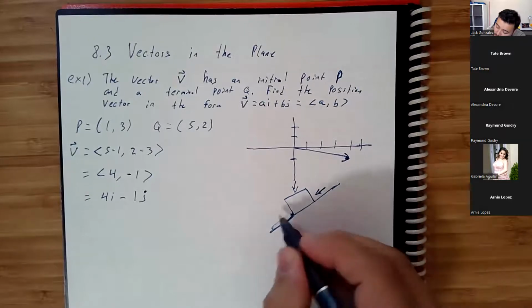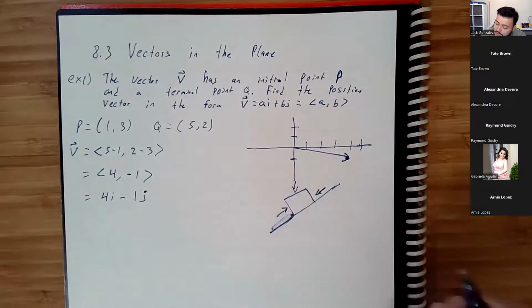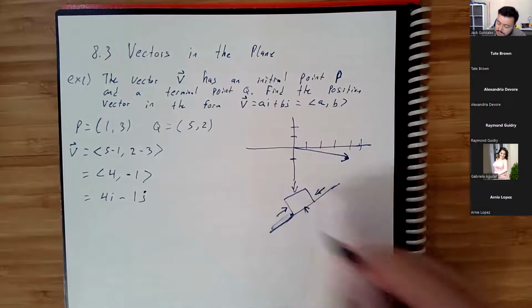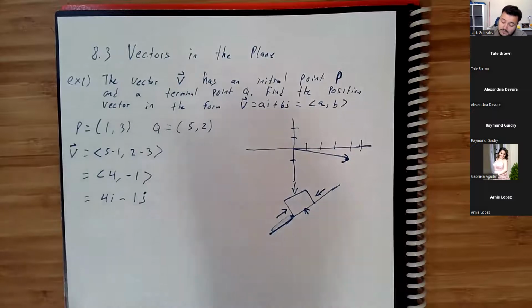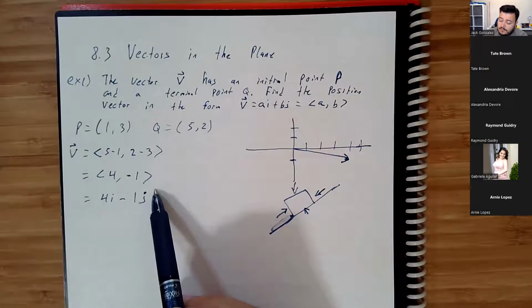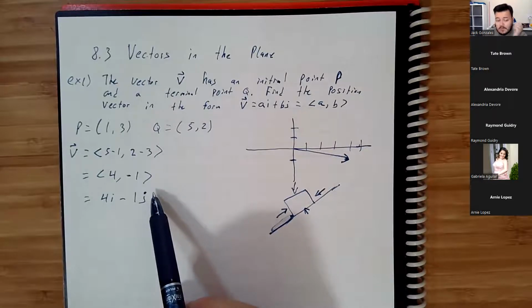You have some force pushing it up. And then you have some force opposite to gravity that's keeping the block from going through the ground, right? So all of these forces are vectors. Friction, gravity, the normal force, all that stuff are just vectors of this form. Okay. So if I want to know the magnitude, that would be how much force. And that's really easy to find.